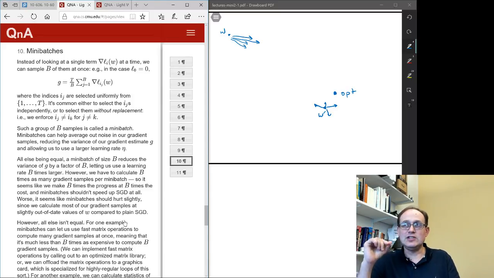If we selected 2 indexes and averaged their gradients, essentially the same argument that we made before shows that that works. And in fact, it's fairly common to sample capital B indices at once, where B is much smaller than the total number of examples, but much larger than 1. So you might have 100 or 1,000 examples in your mini batch.